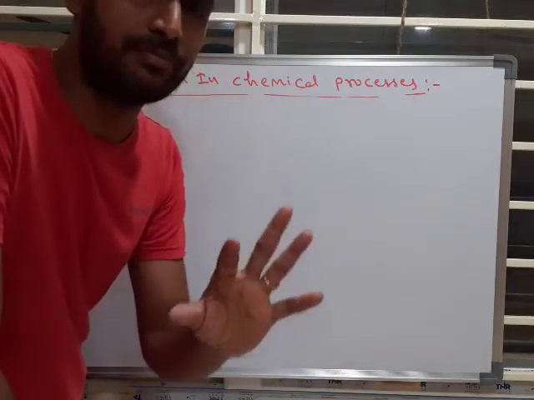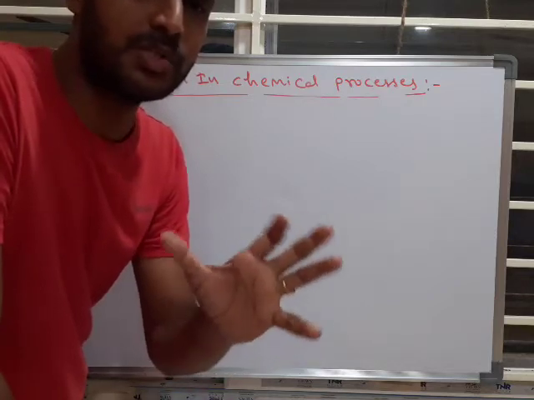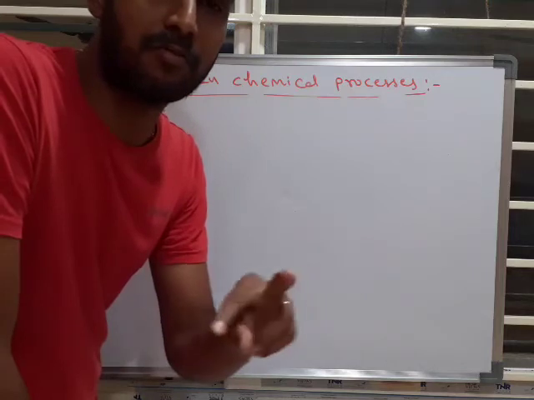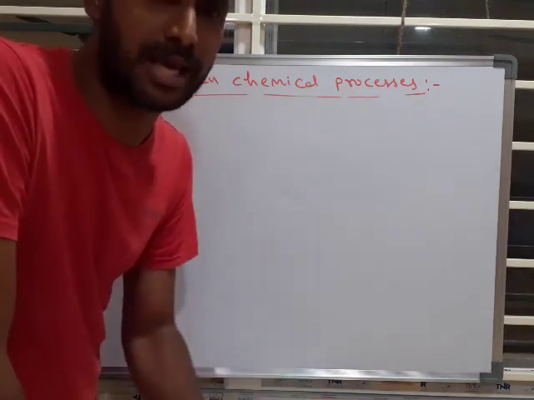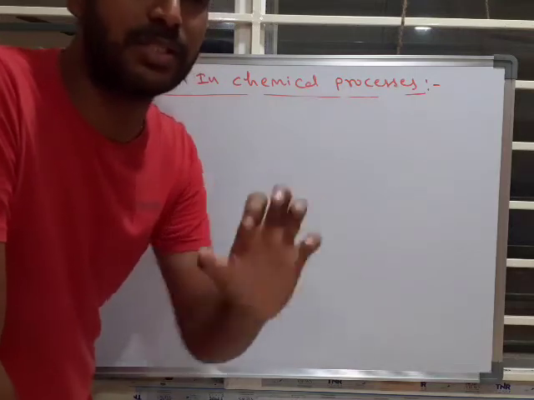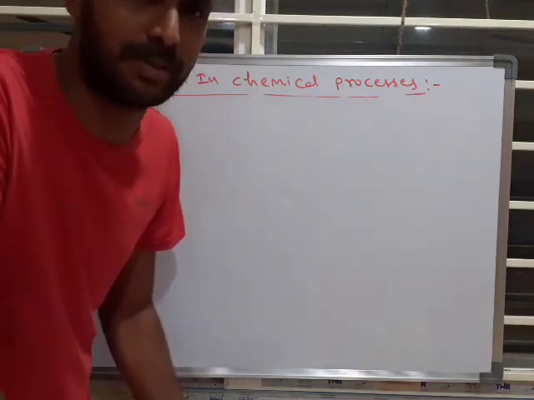Rate here means speed. That is called equilibrium. This is possible only in reversible reactions. Means if a chemical reaction is reversible, then only there is a possibility of equilibrium taking place.